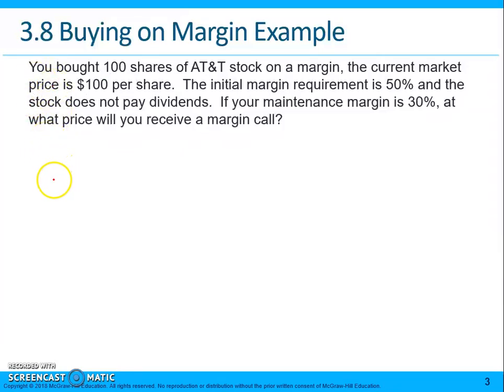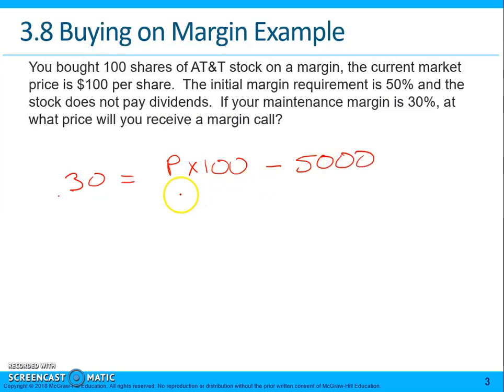So okay, what we do here is we're going to set 0.3 equal to price times the 100 shares that we own, minus the $5,000 that we borrowed, divided by price times 100.